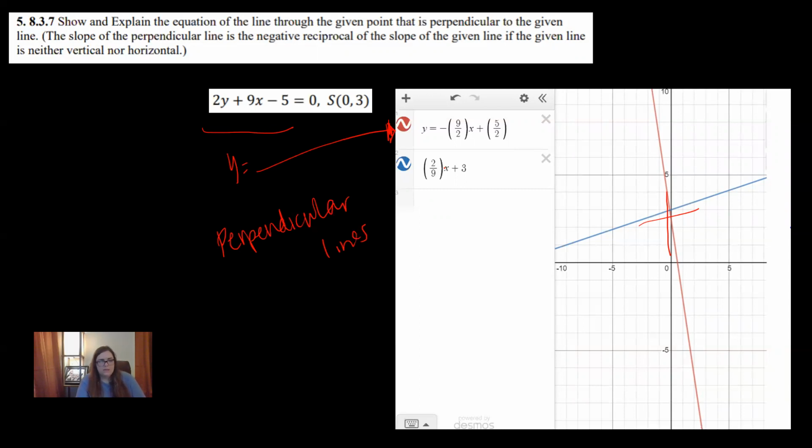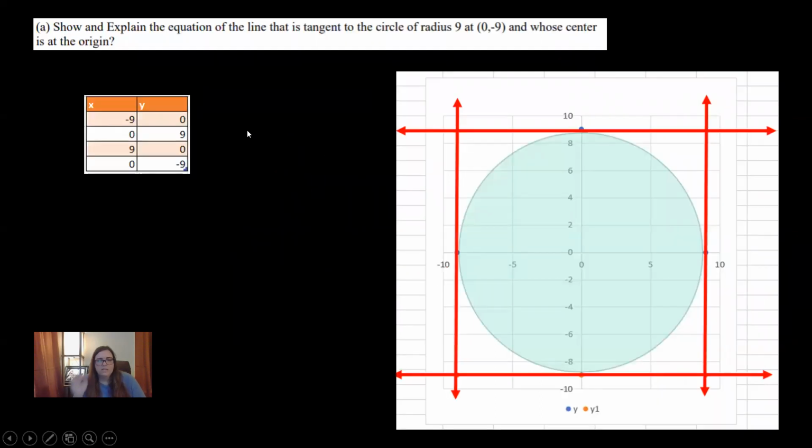And now m equals 2/9. This is our new slope. This one's quite interesting.